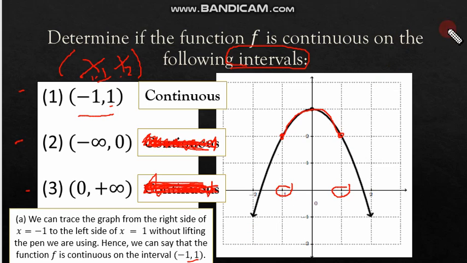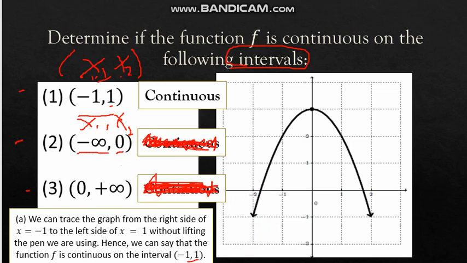For number 2, we will start to evaluate at -infinity and end at 0. So x sub 2 is at 0 and x sub 1 is -infinity.